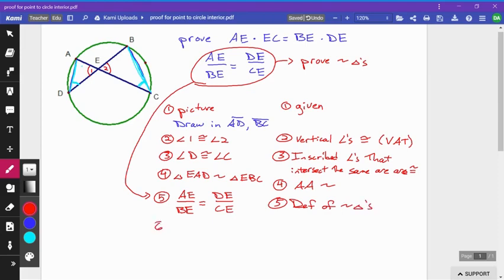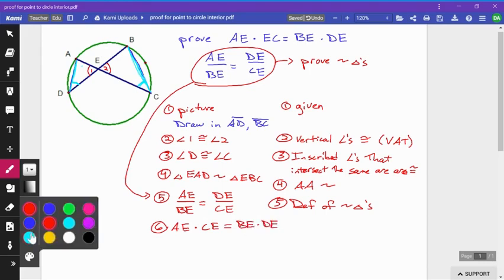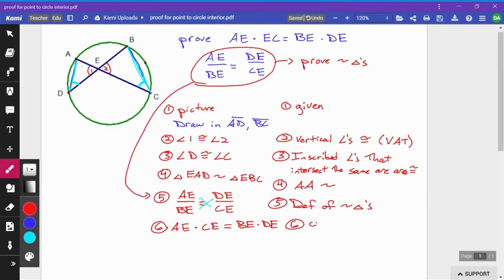And then finally, I can get to this last part. AE times CE is going to equal BE times DE. And if I look at that, we are just cross multiplying. So that is going to be cross multiply. And that is done. Okay.